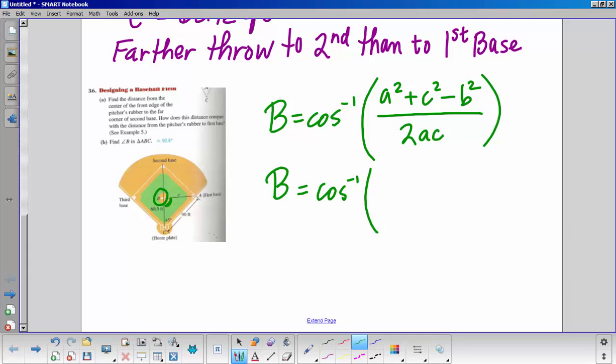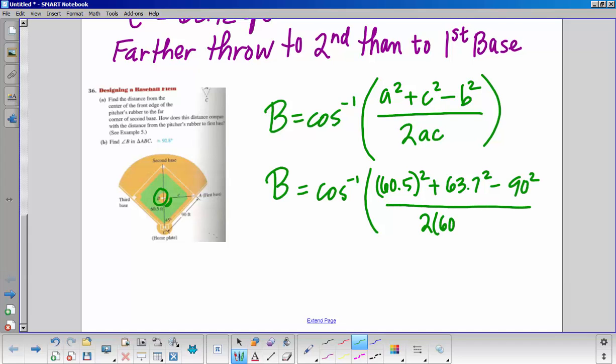A is 60.5, right? 60.5 squared plus C squared, which we just found out was 63.72, minus B squared, which was 90 squared, all over 2 times 60.5 times 63.72. All right, so angle B is.